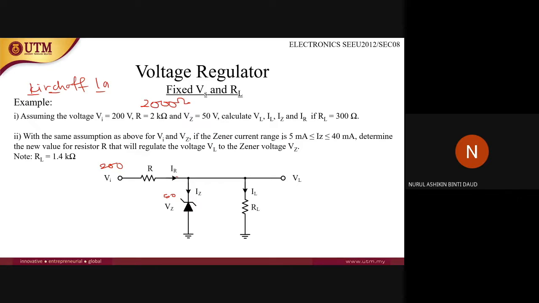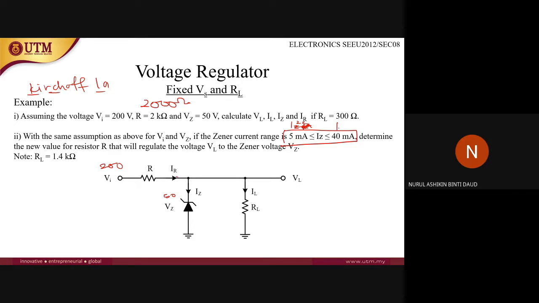If the Zener current range is 5 milliampere, this is the maximum value it can go. Sorry, this is IZK. It should be more than 5 milliampere, and it cannot be more than 50 milliampere.